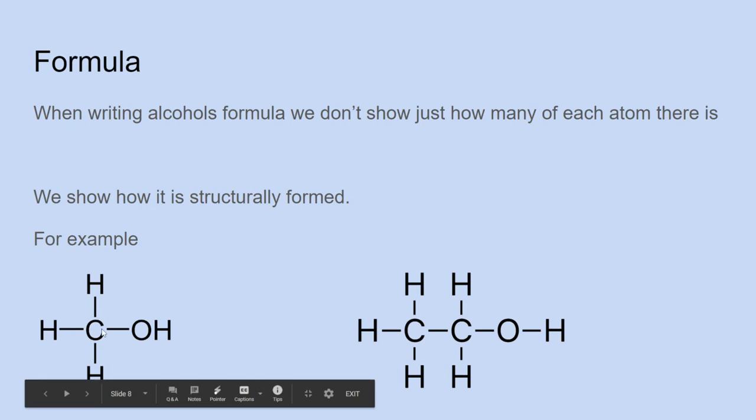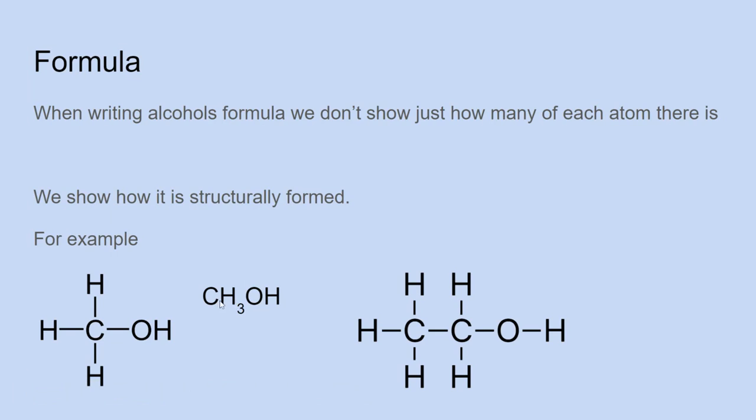So for example, over here, we've got ethanol. No, not ethanol, methanol. This is ethanol. So we have methanol here. We have CH3OH. So we write the formula like this, CH3OH.